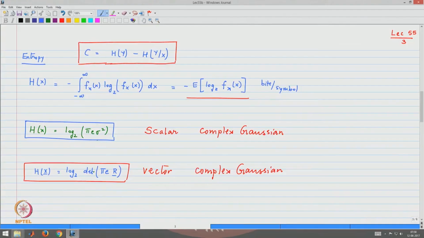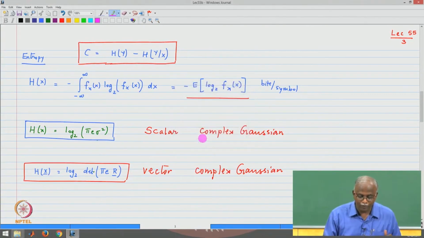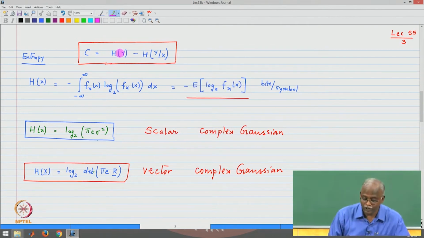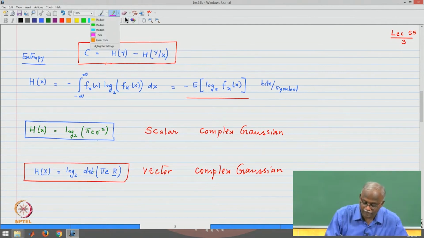Now, in the case when there is no knowledge of the channel at the transmitter, we are looking at it more in the form of the ergodic capacity. For that, we would like to look at the definition of entropy, and the mutual information is defined in terms of H of y minus H of y given x. So that is the form that we are going to be working with, and we would like to derive the results based on that.